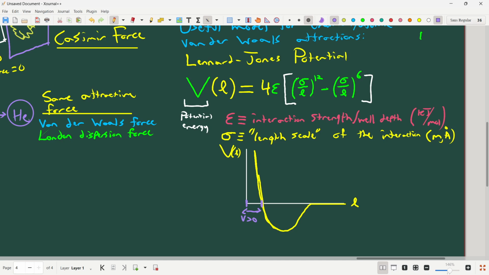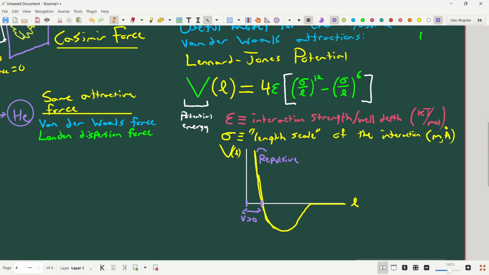So we have this repulsive region right here, positive energy. So this is the repulsive wall. This is like where you have an atom and you have another atom just butting into its space.